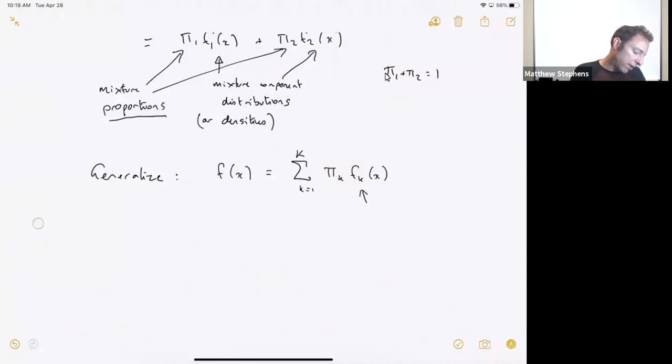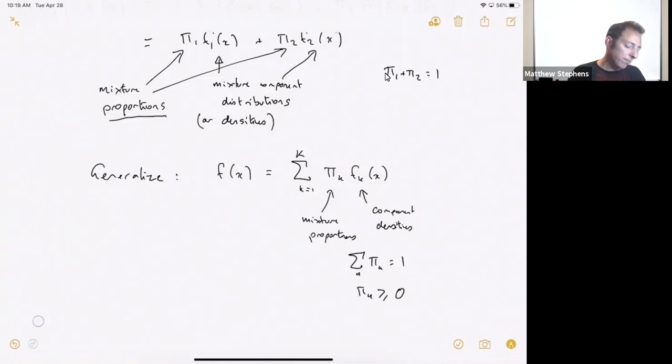So this is called a mixture of K components, where these are the component densities or component distributions, and these are the mixture proportions. And of course, the sum over k of pi k equals 1, and pi k is greater than or equal to 0. That in essence is what a mixture model is.